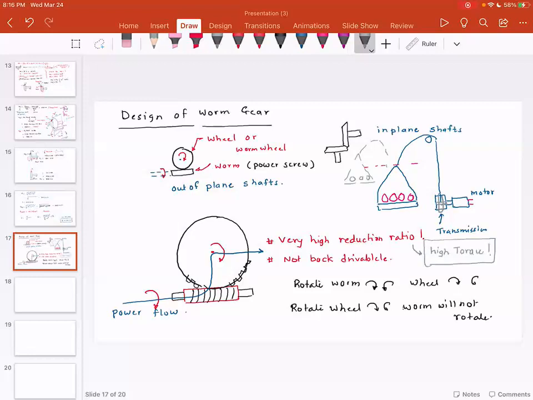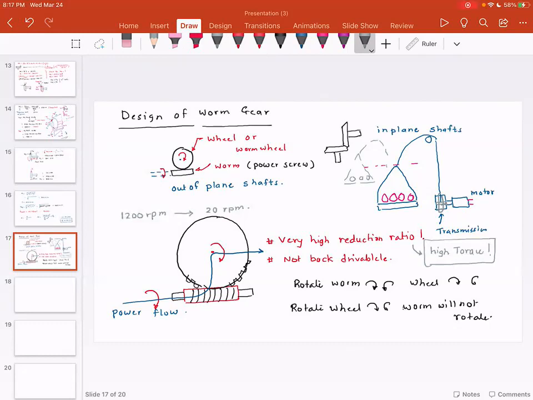For example, if you have a motor rotating at say 1200 RPM, and you want to drive the shaft to 20 RPM, this very high reduction ratio will require multiple stages of spur gear or helical gear, or you may have to use a planetary gearbox, but you can achieve this high gear reduction using the worm wheel drive.